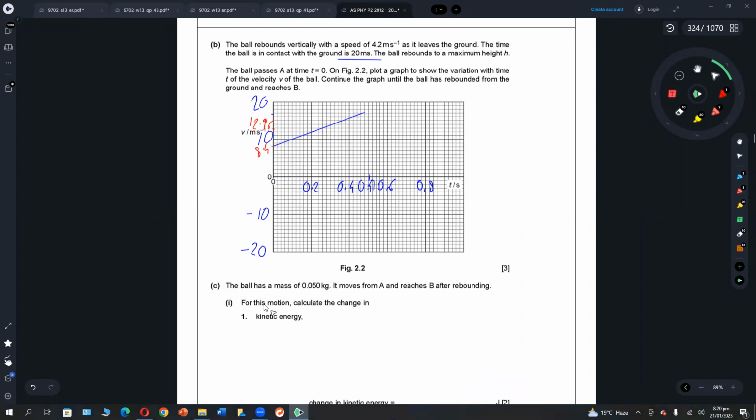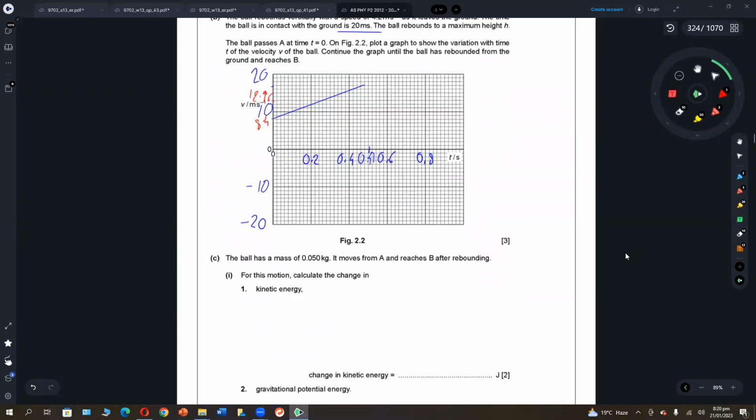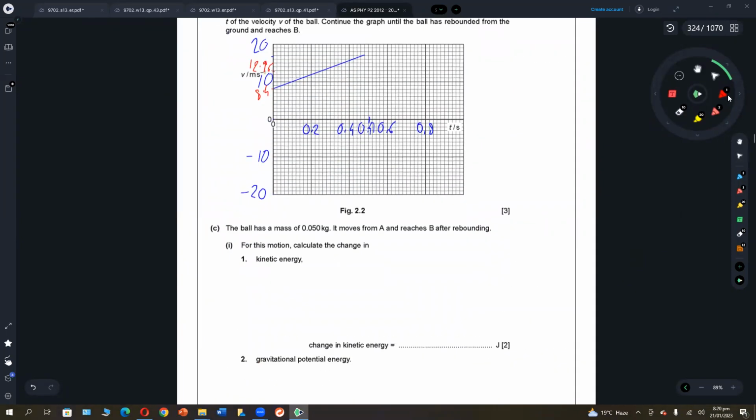From this, there is a delay of 20 milliseconds, and the ball rebounds to height h. He has not given us the height h, so we can draw it randomly at any position.